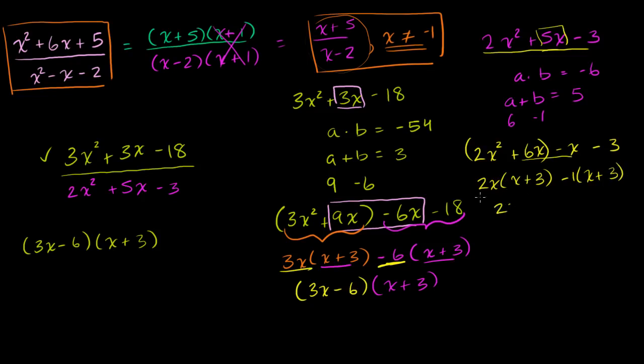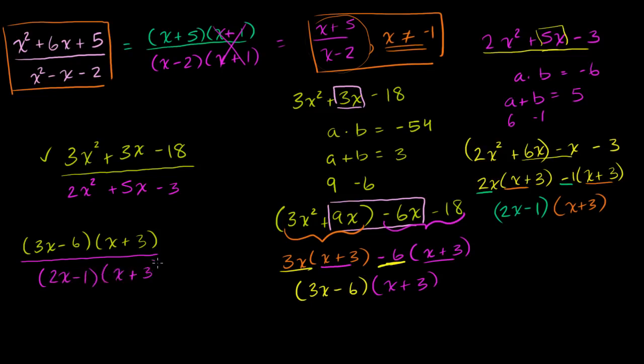We get 2x minus 1 times x plus 3. So our denominator here is equal to 2x minus 1 times x plus 3.